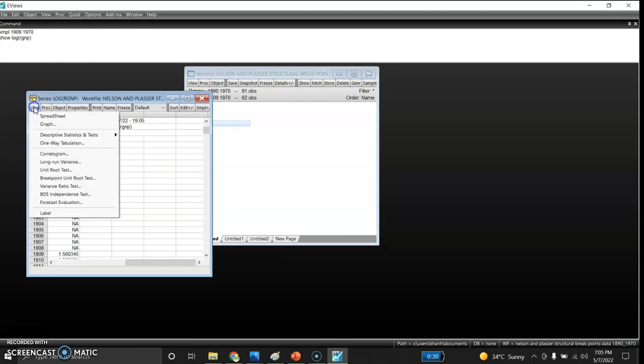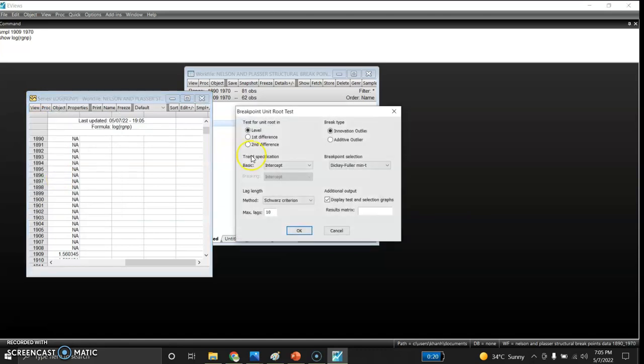Now I can check the breakpoint unit root test. Here is my test. After clicking view and breakpoint unit root test, this window will appear.